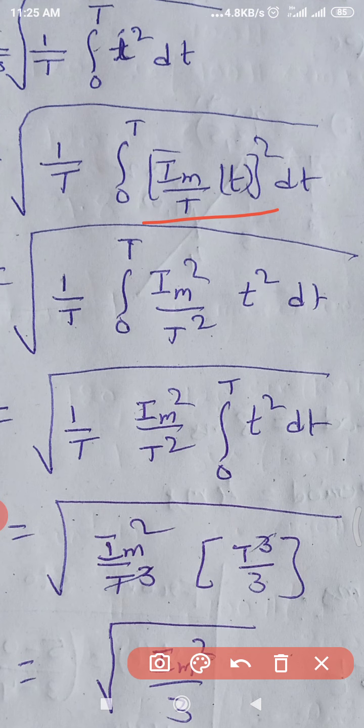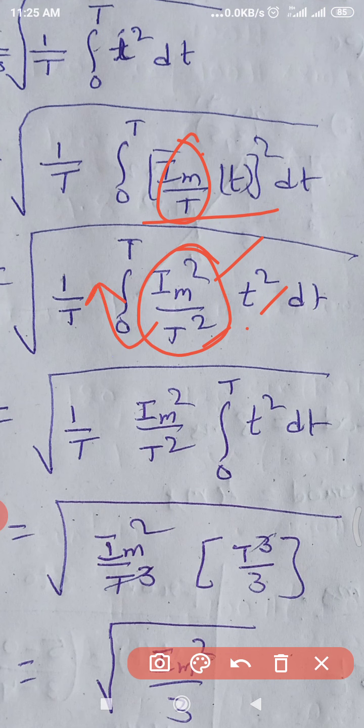So this becomes Im square by T square, and this is the t square. Now we take all these terms outside of the integral. So we get the value like this: 1 by T into Im square by T square integral 0 to T of t square into dt.